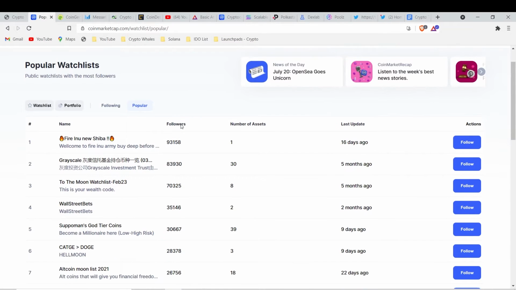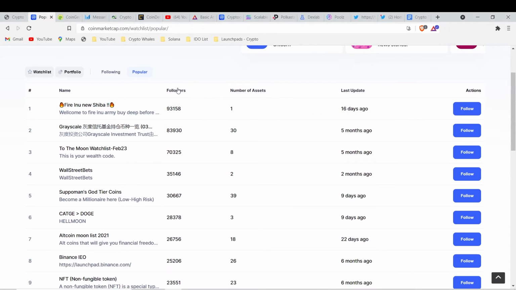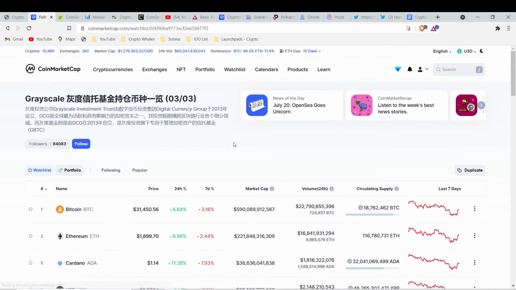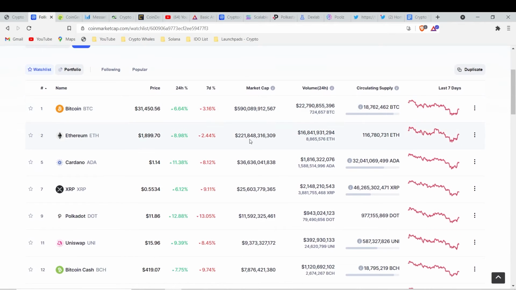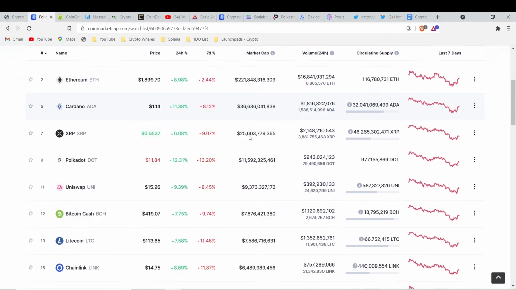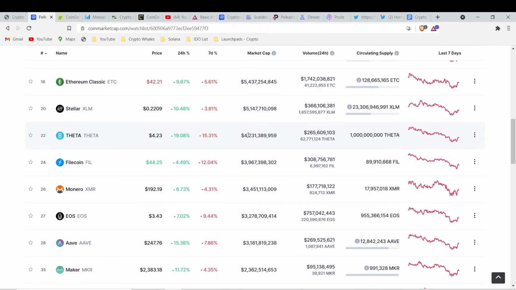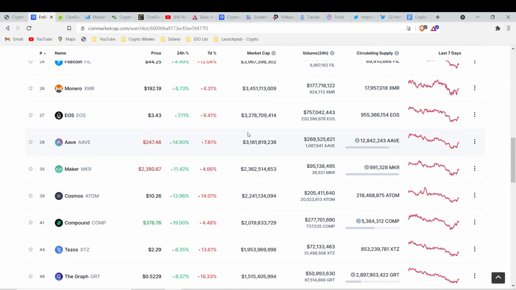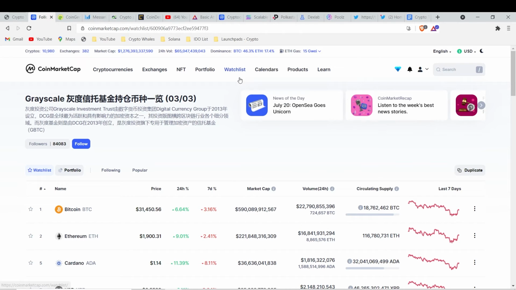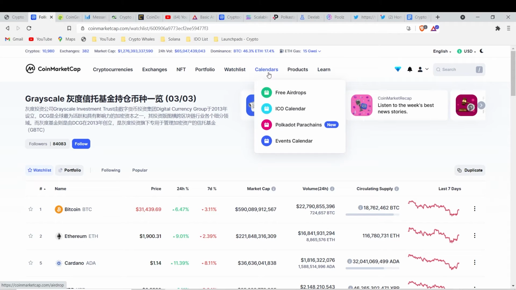In this case, you can see the number of followers of this particular watchlist. You can come in here and have a look at the types of assets, or in this case cryptocurrencies or projects, that big institutions invest in. And perhaps it gives you a better idea of what types of projects you should be looking at as well.